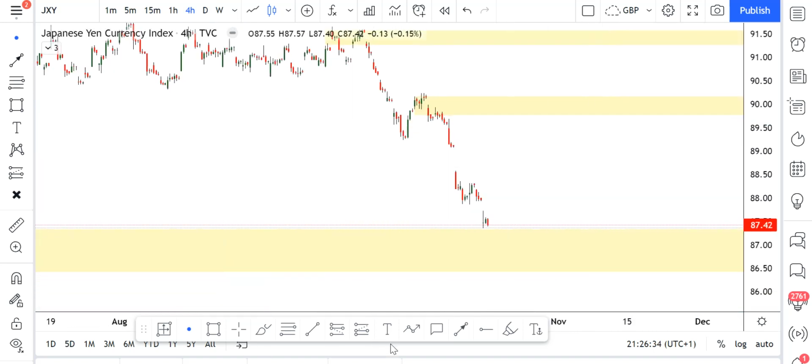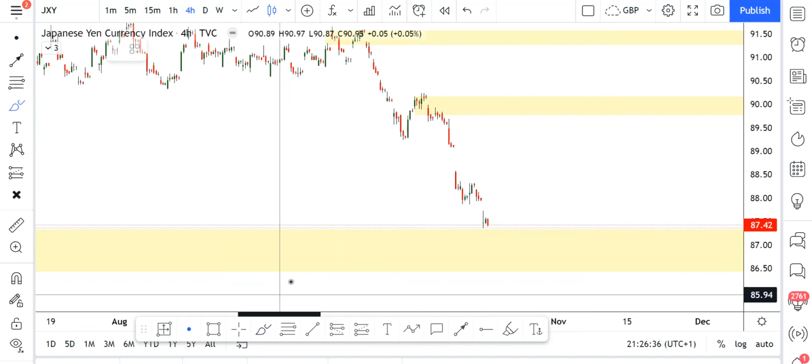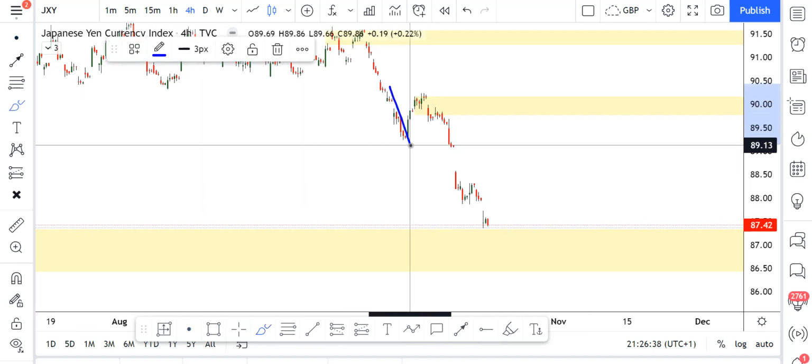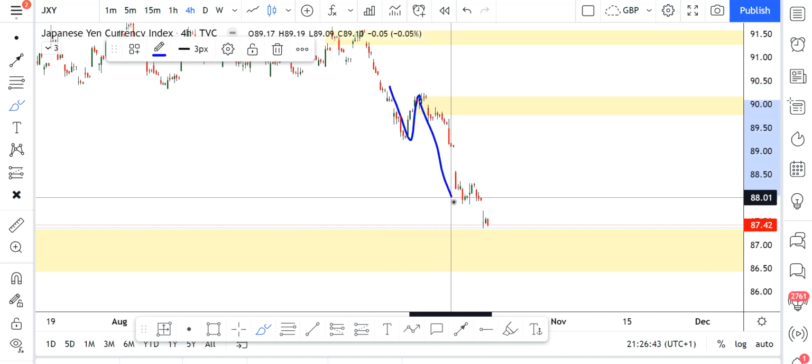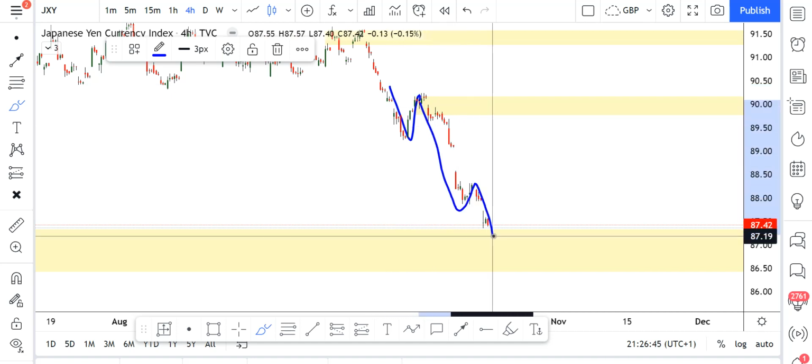According to the 4-hour time frame, we are still massively bearish because we came to this supply zone to form supply. We came down again, went up, we came down again.